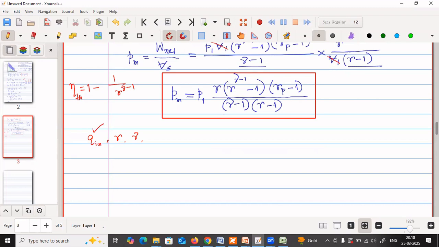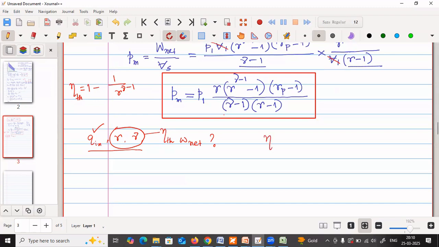Okay. So here you see that if these three are given, and the work output is to be calculated, how to calculate that work output? Can you tell? W net is to be determined. Now you see that from these two quantities, you can calculate the thermal efficiency, right?